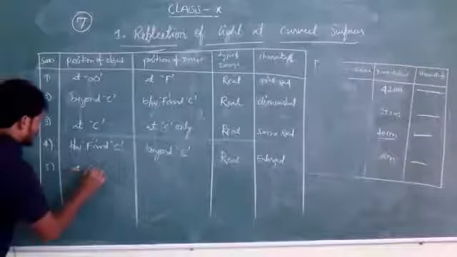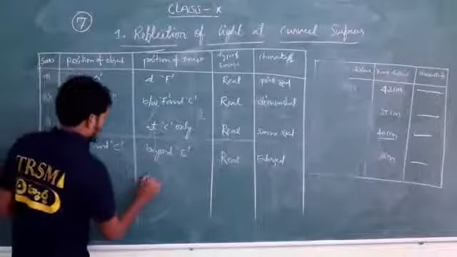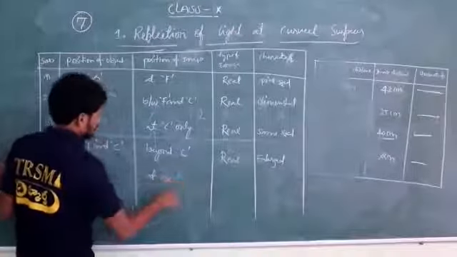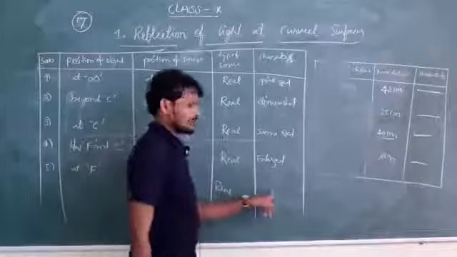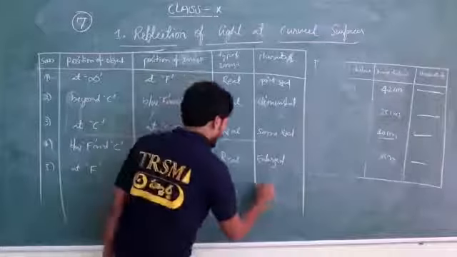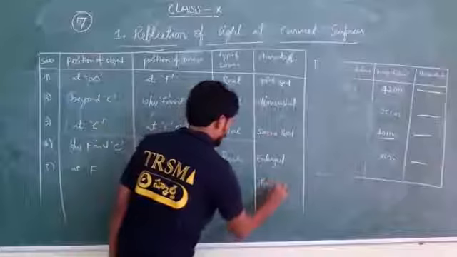And the fifth one is at F. The image is at infinity. Real. In the textbook they have given dots here, but highly enlarged.